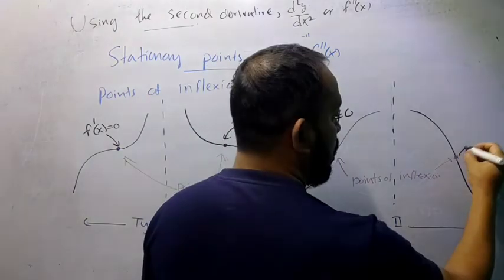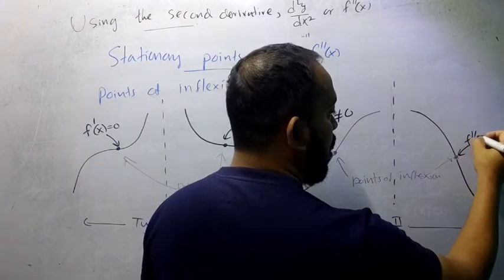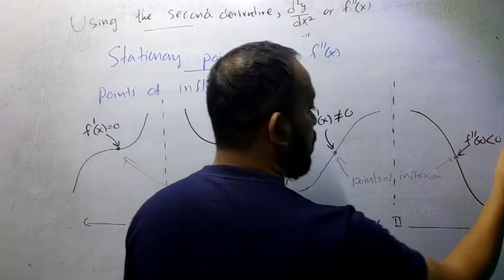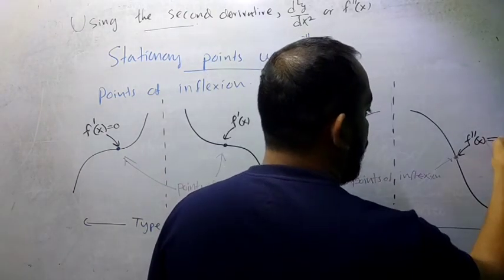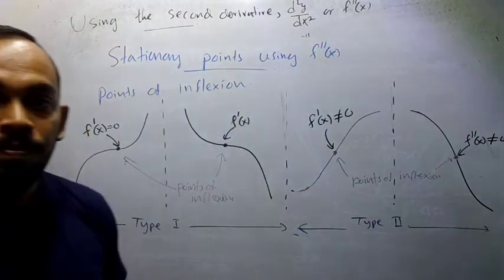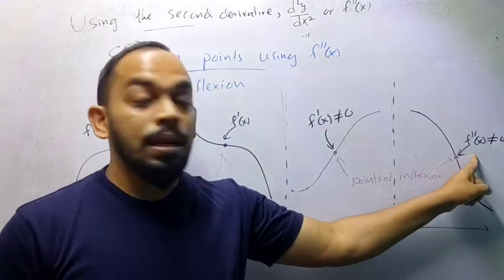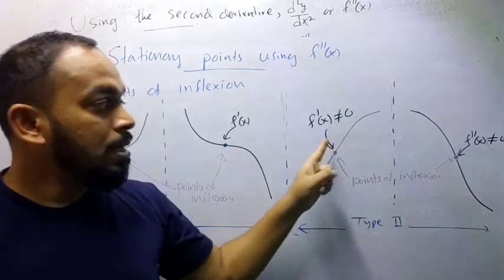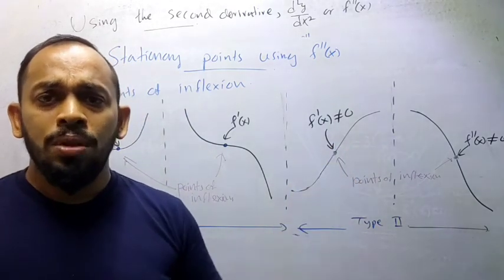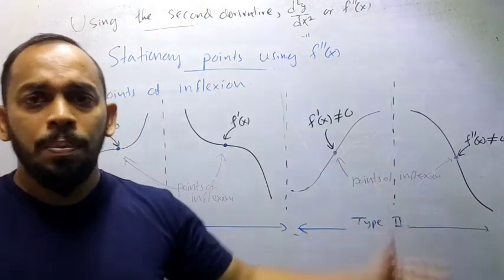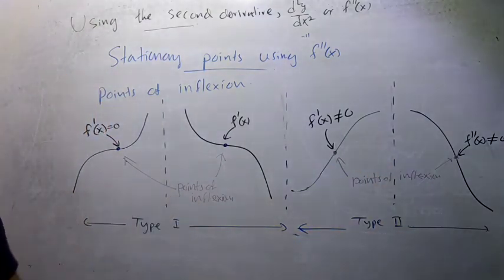It does not become horizontal. It's a non-zero value. In this case, you get a negative value. In this case, you get a positive value, and you cannot determine these through the first derivative test. These 2 points don't appear. But these 2 points will appear.